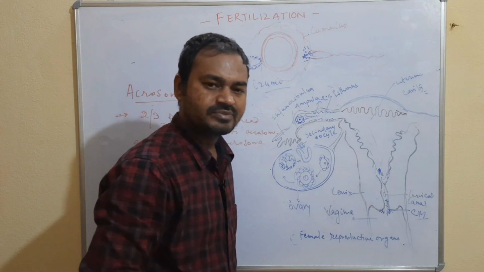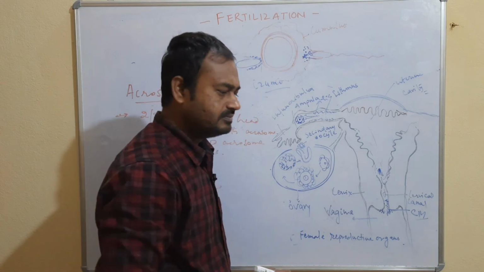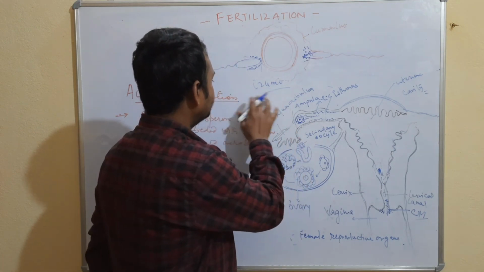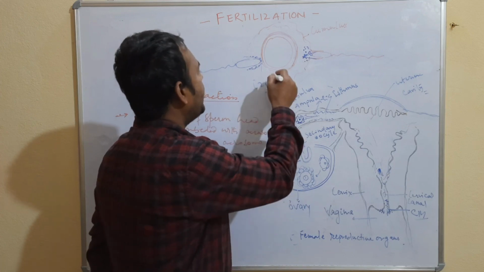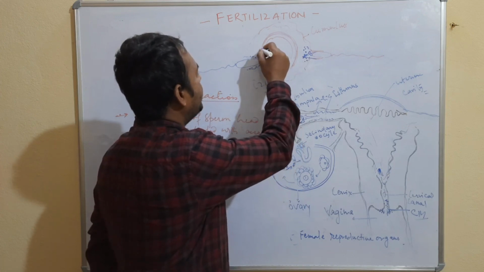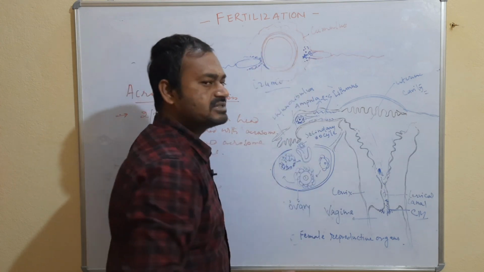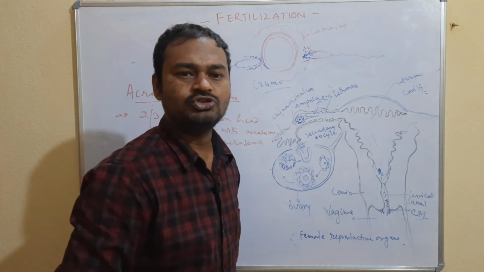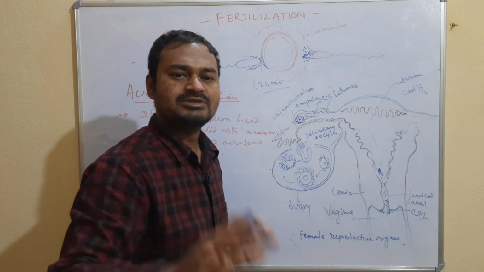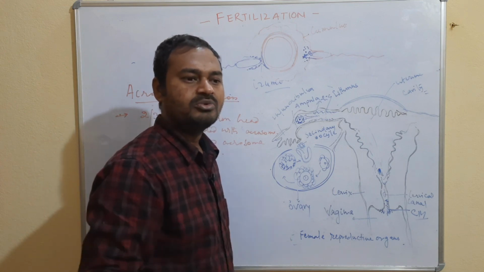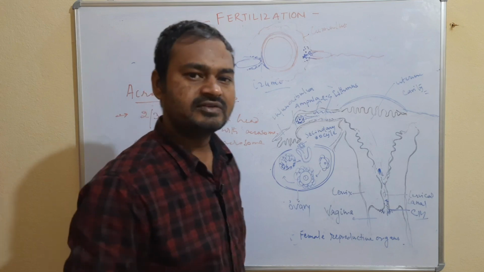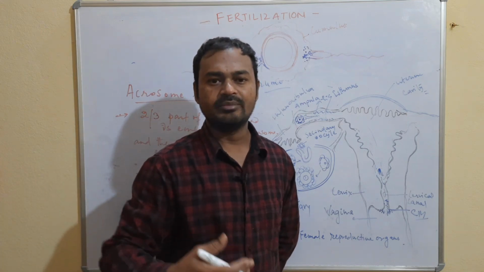We will also be discussing another protein called Juno, which gets expressed over the surface of the ovum, and we will discuss all these things in the coming lecture.